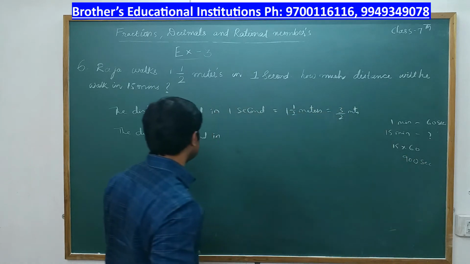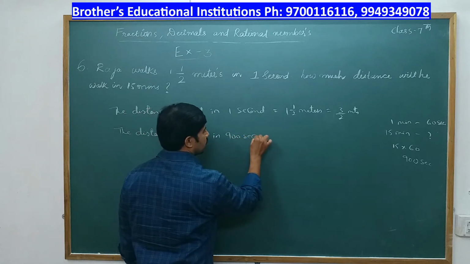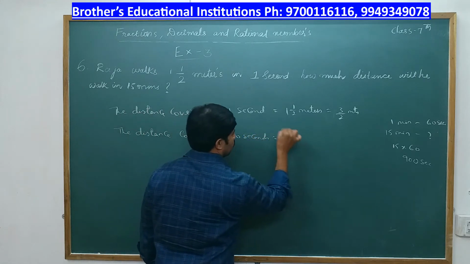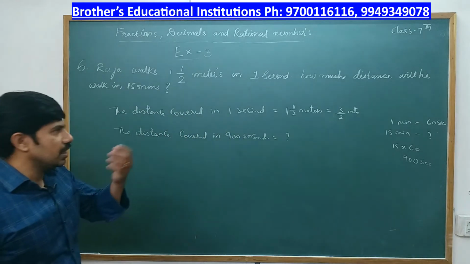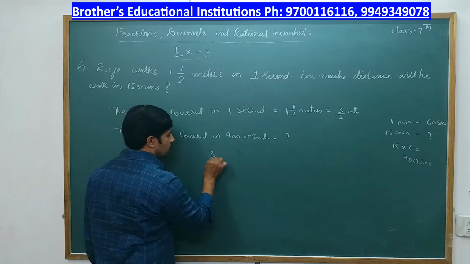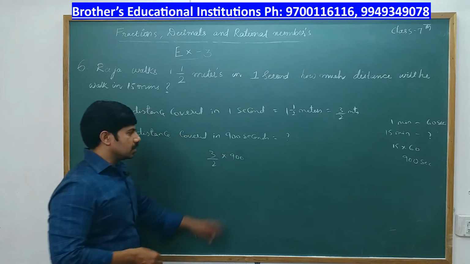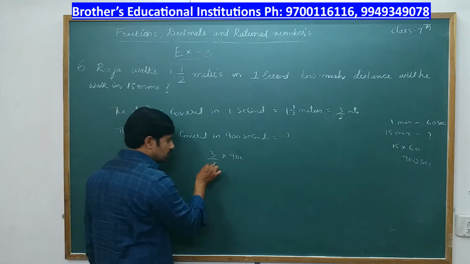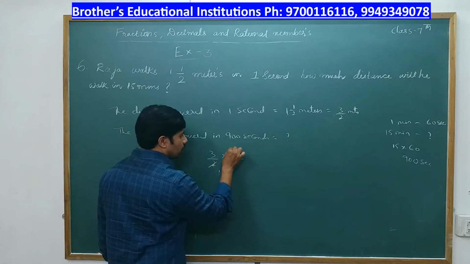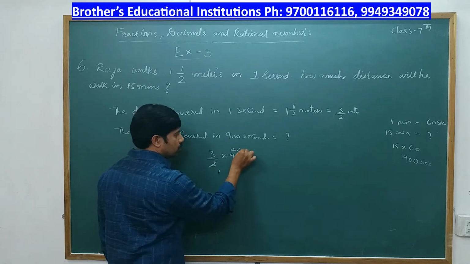So we have to find out the distance covered in 900 seconds. How much? See, for 1 second 3/2, for 900 how much? So what you have to do is 3/2 into 900 we need to do, right? As we have an even number, just reduce this in lowest terms. 2 ones are 2, 2 fours are 8, remainder 1, 2 fives are 10, 2 zeros are 0.